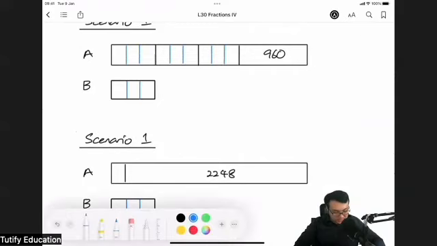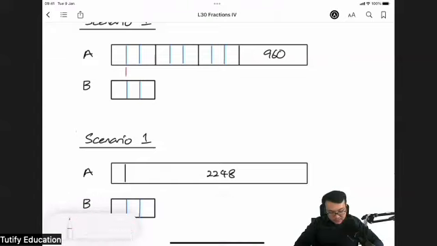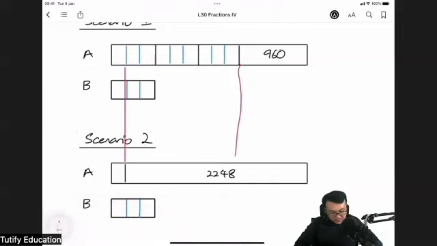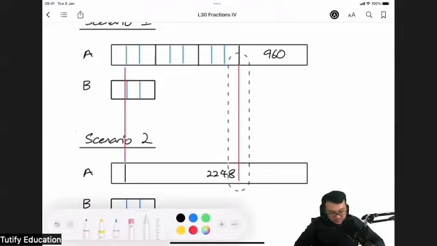Okay, very good. Now I'm going to draw some red lines. Let me draw a red line from here to here. Sorry, this is scenario 2. Then I'm going to draw a red line from here to here. Okay, Azim. Firstly, I want you to tell me how many units.